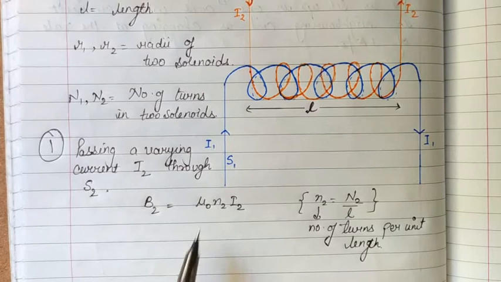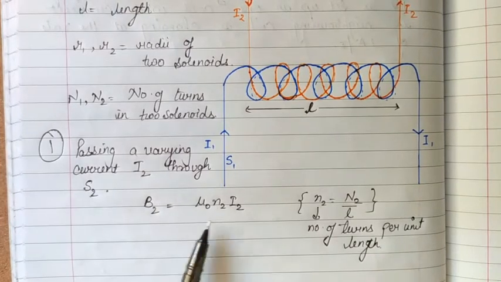So this is the magnetic field that will be set up in the solenoid S2.